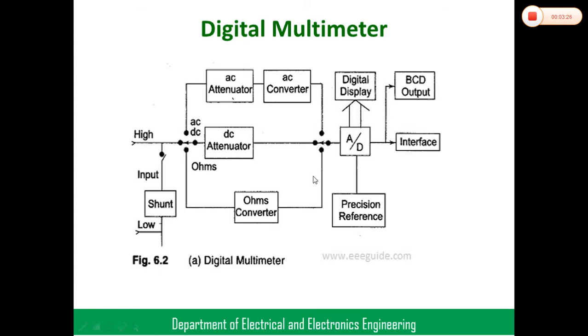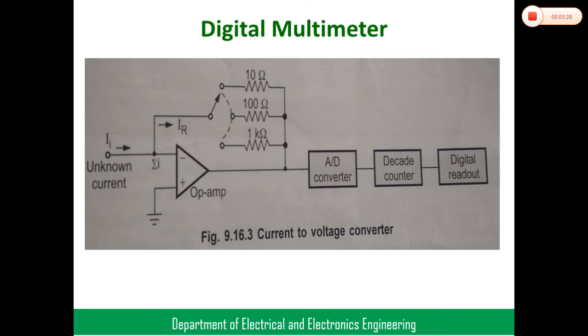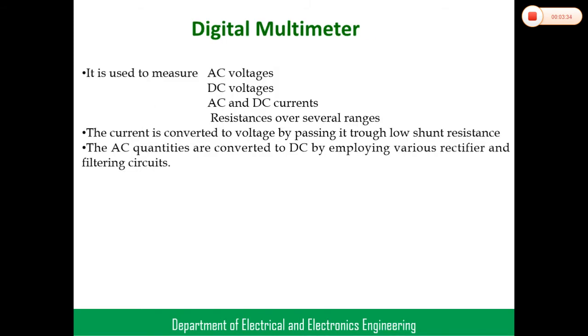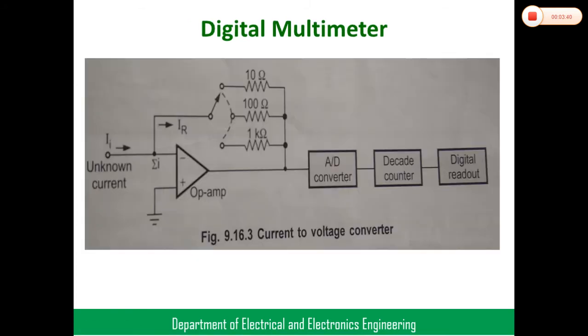Coming to the basic current to voltage converter circuit: as I mentioned previously, the current is converted to voltage by passing it through a low resistance. This is the circuit. Here the unknown current is applied to the summing junction, which is at the input of the op amp.